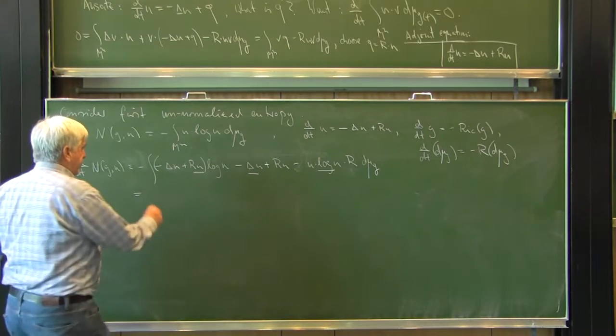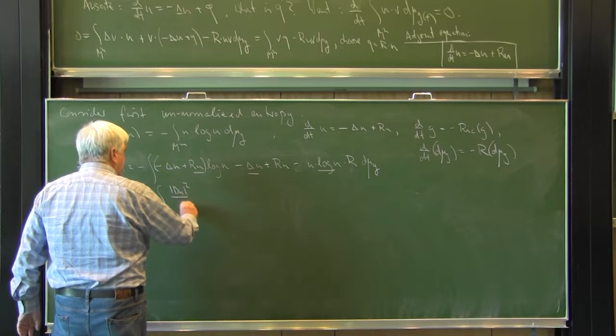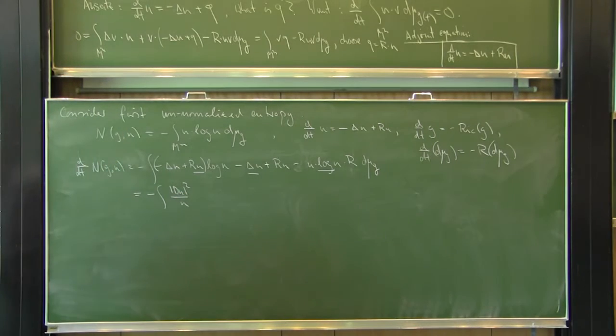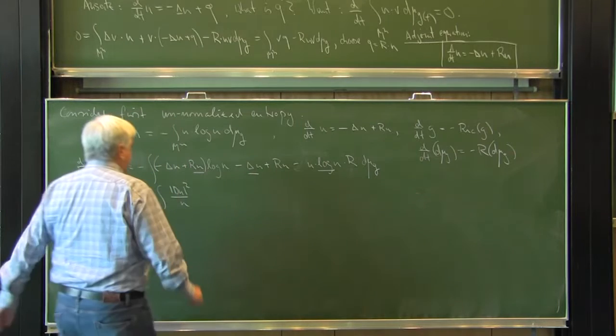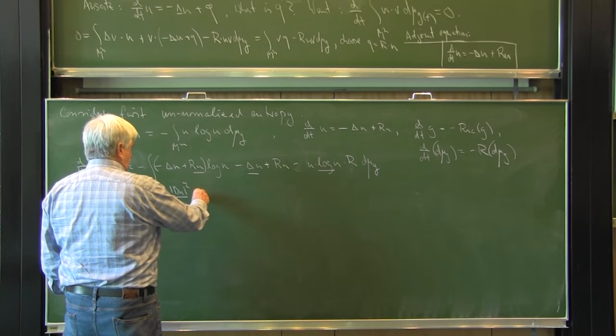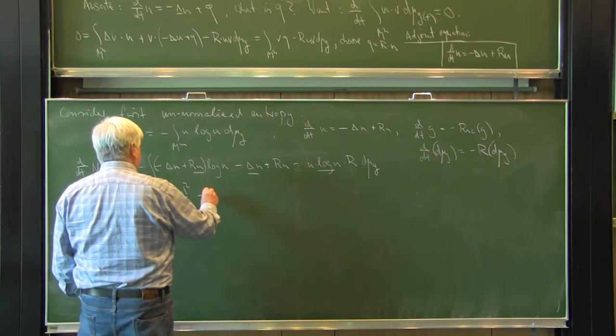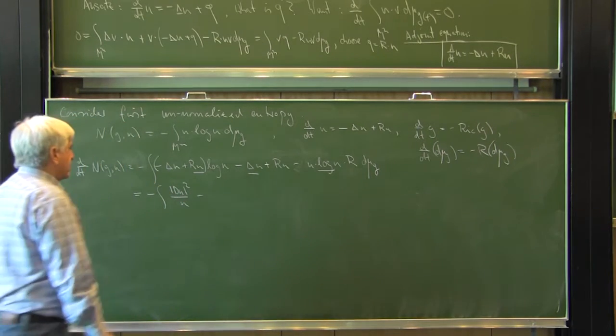This is a minus minus is plus. Doing an integration by parts gives a minus sign, gradient u squared over u. And then from here, you get an r times u with a minus sign, no, two minus signs. Oops, what?